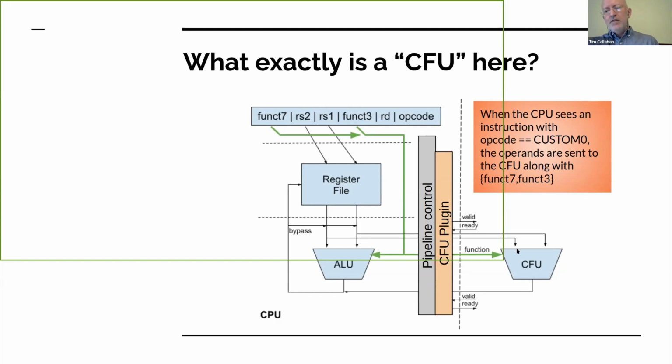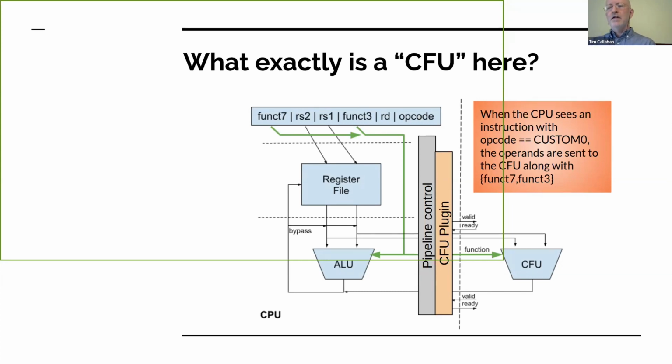I mentioned the handshaking, so that's these valid ready signals. And that needs to tie into the pipeline control because the CFU can stall the main CPU pipeline. So how it works is when you get an instruction and the opcode is the custom 0 opcode, those 7 bits, then the pipeline knows that, oh, this is for the CFU.